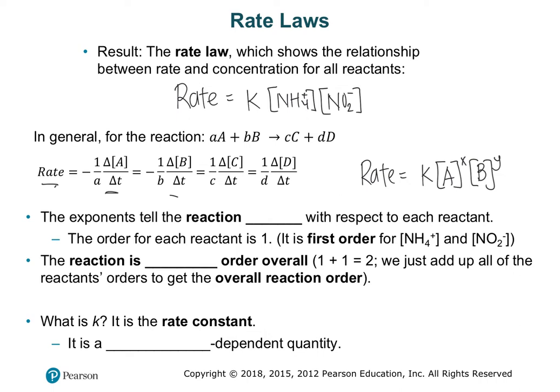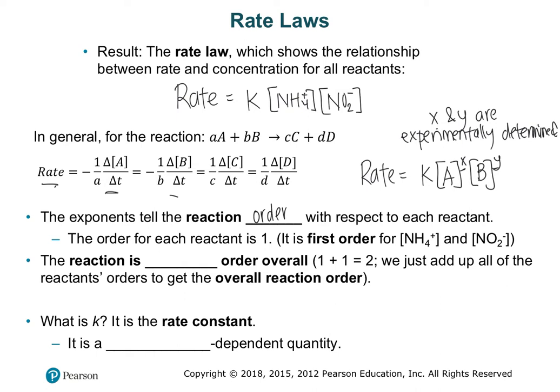X and Y are the exponents showing the reaction order, and this is not related to the stoichiometry. This is experimentally determined.